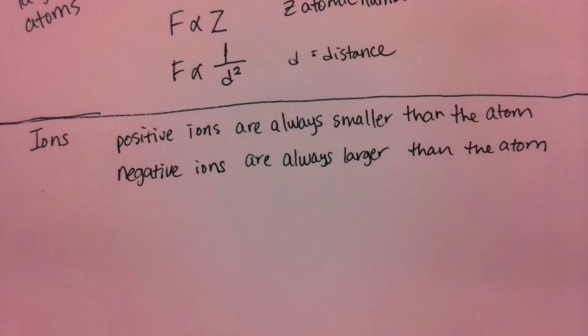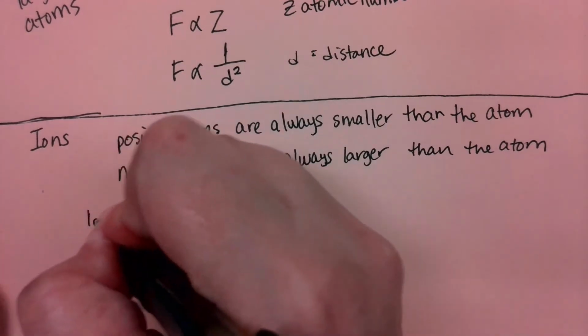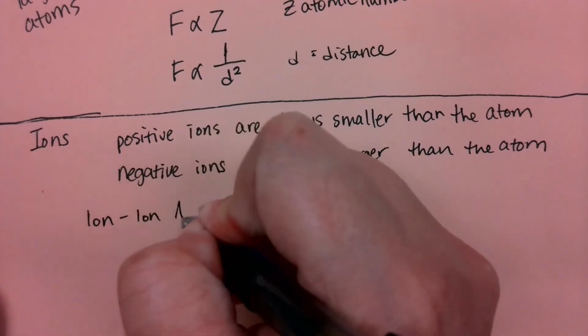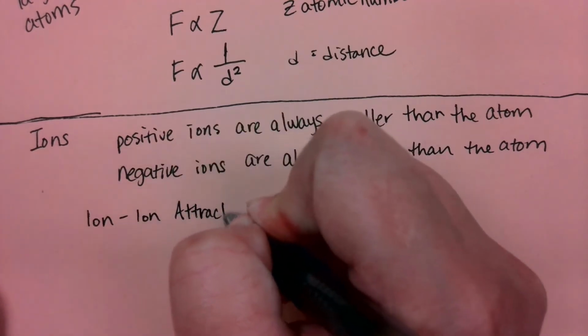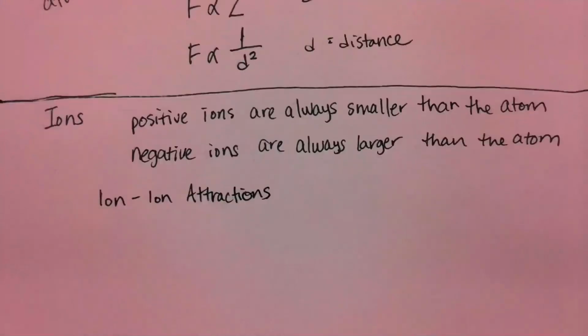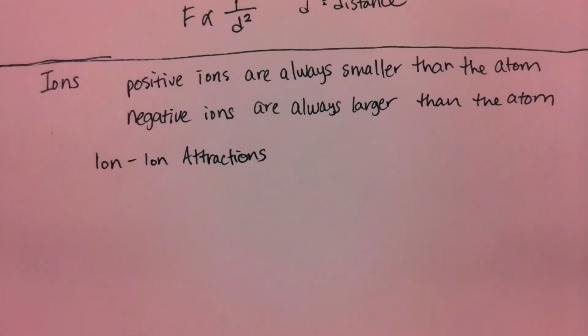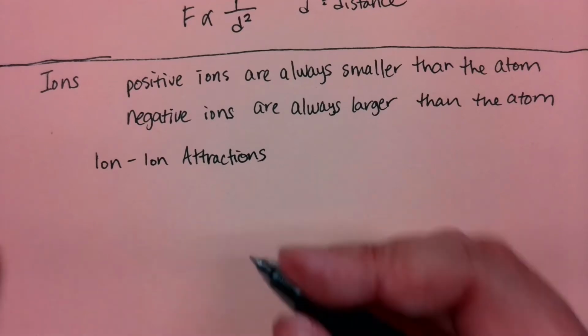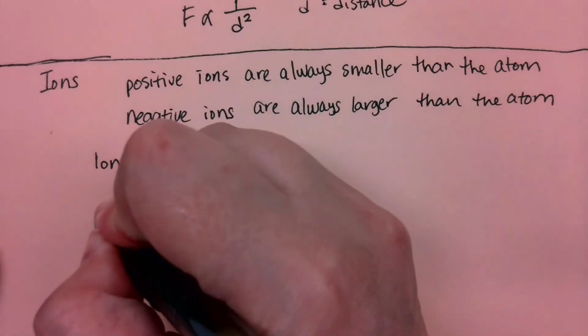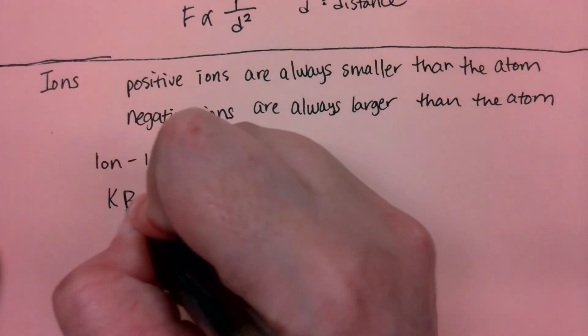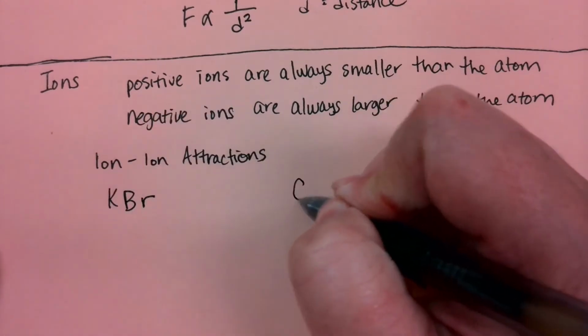Okay, so if we want to talk about Coulombic attraction in ion-ion attraction, we just learned that Coulombic attraction depends on the charge, the attractiveness, as well as the size. So if I was going to think about charge, I would think about KBr versus CaS.